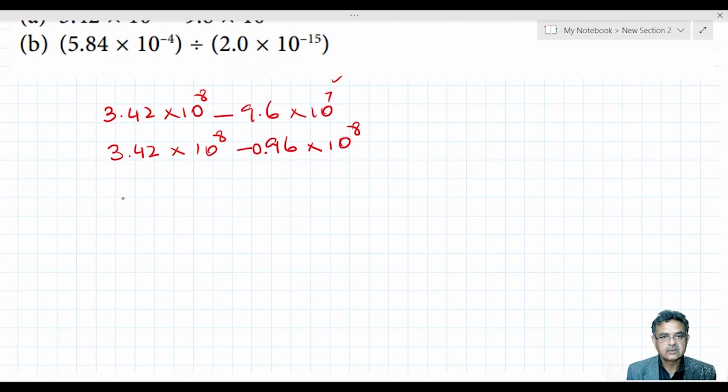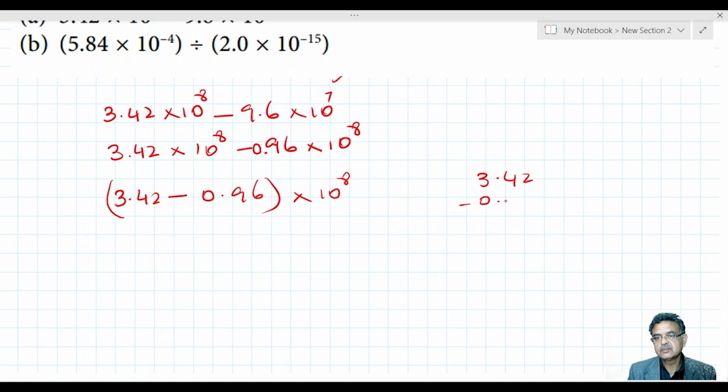And now 3.42 minus 0.96, and 10 raised to the power 8 will be taken common. So it will be 3.42 minus 0.96.